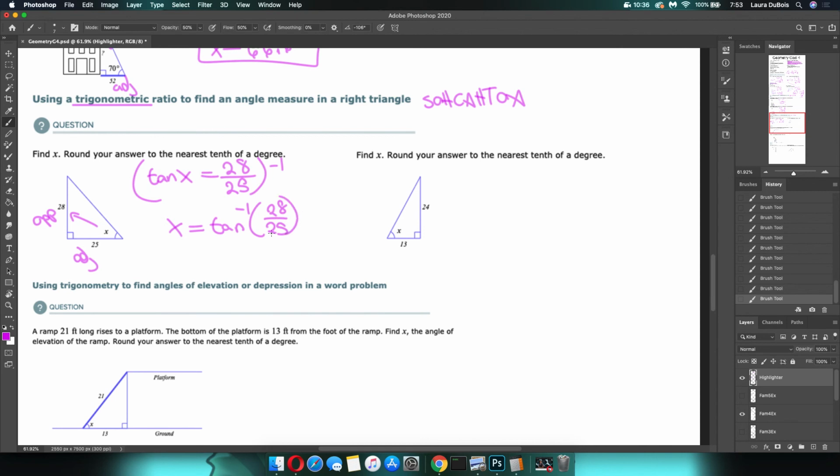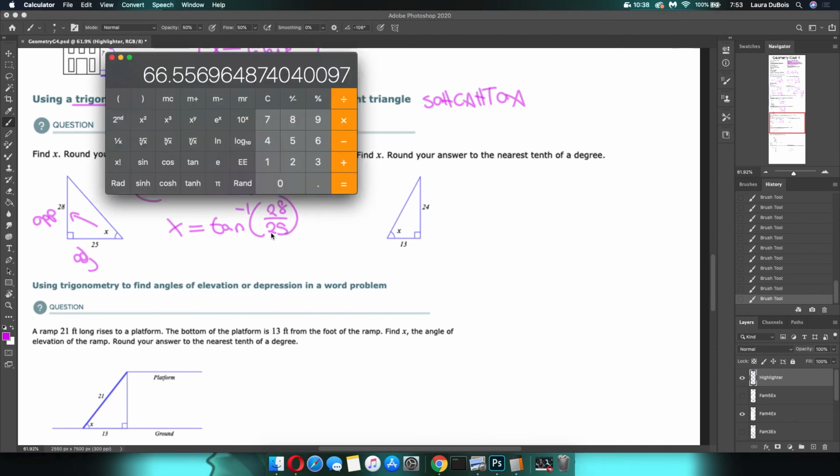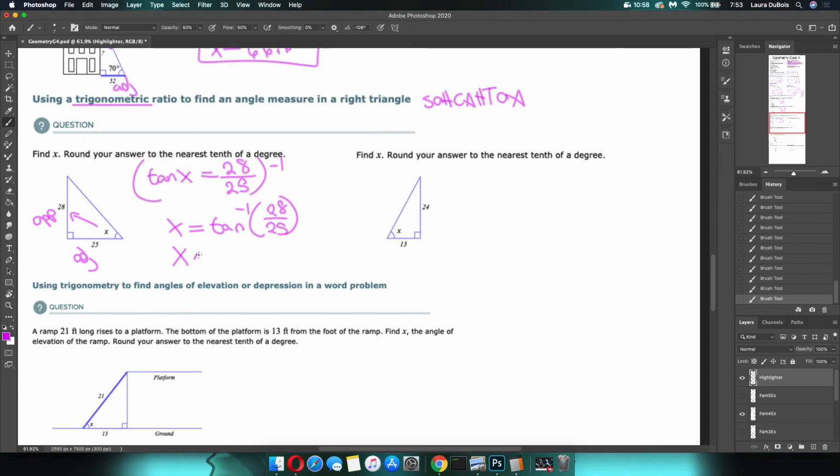On the calculator, 28 divided by 25, then the second button, and there's the negative 1. What do we get? 48.23, so 48.2. So x is about 48.2 degrees.